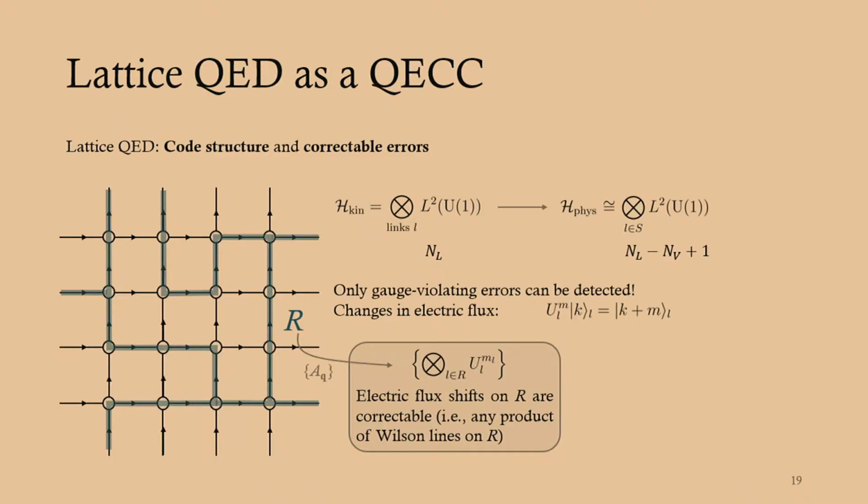And just so that we can get a picture of how this error correction works, let's imagine that we have some Wilson line of an error which occurs. Now we measure the constraints on every site. This will give us 0 everywhere except at the endpoints of this Wilson line, right?